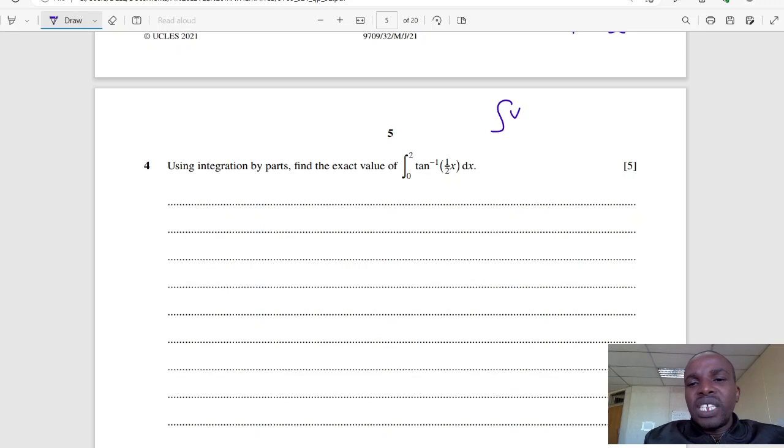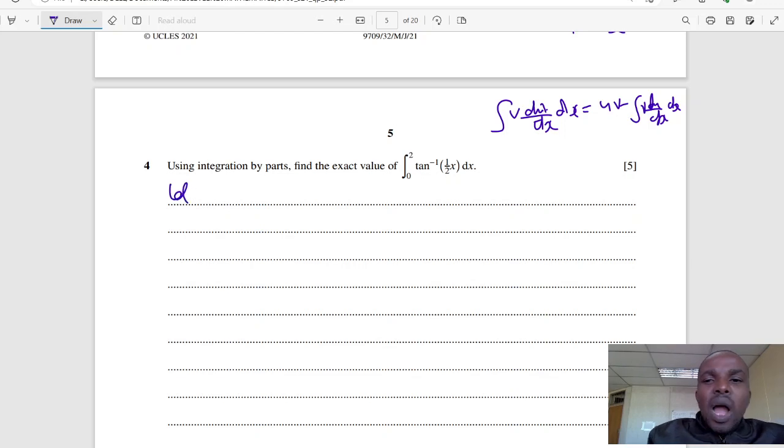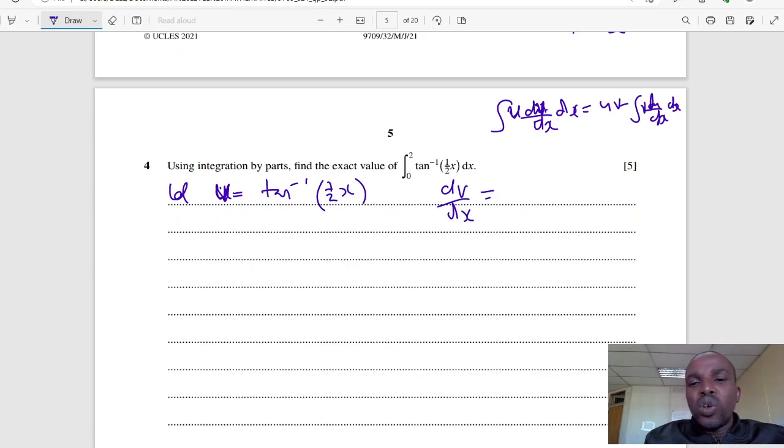Right, since we know that arctan can only be differentiated, we have to use integration by parts. The integral of u dv over dx, then dx, is equal to uv minus the integral of v du over dx, then dx. Yes, so let our u be equal to arctan x, that is arctan half x in this case, then our dv over dx is equal to 1.